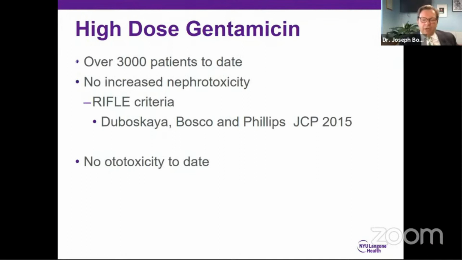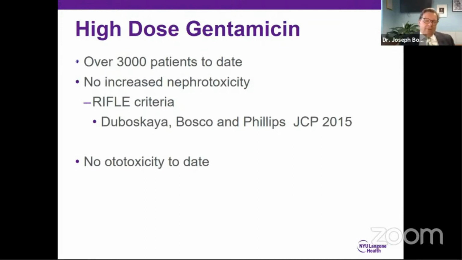And so again, some of our colleagues said, well, you're giving these large amounts of aminoglycosides right before surgery. Aren't you concerned about harming kidneys or ototoxicity? Because it can affect your ability to hear as well, the function of the ear. So we looked at our first 3,000 patients. We found no increase in nephrotoxicity.